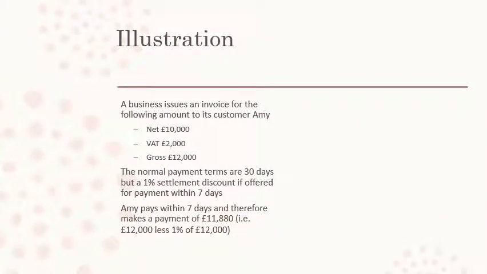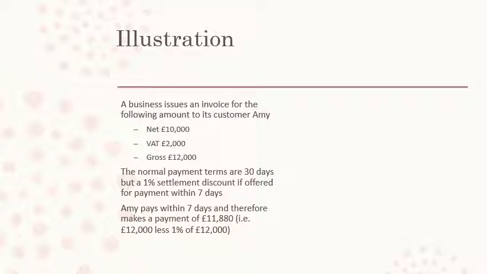Let's look at an illustration. We have a business that's issued an invoice for the following amount to its customer Amy. The invoice was for £10,000, on which VAT of £2,000 was charged, so a gross amount outstanding of £12,000. Settlement discounts were offered for payments within 7 days, and the discount was 1%.